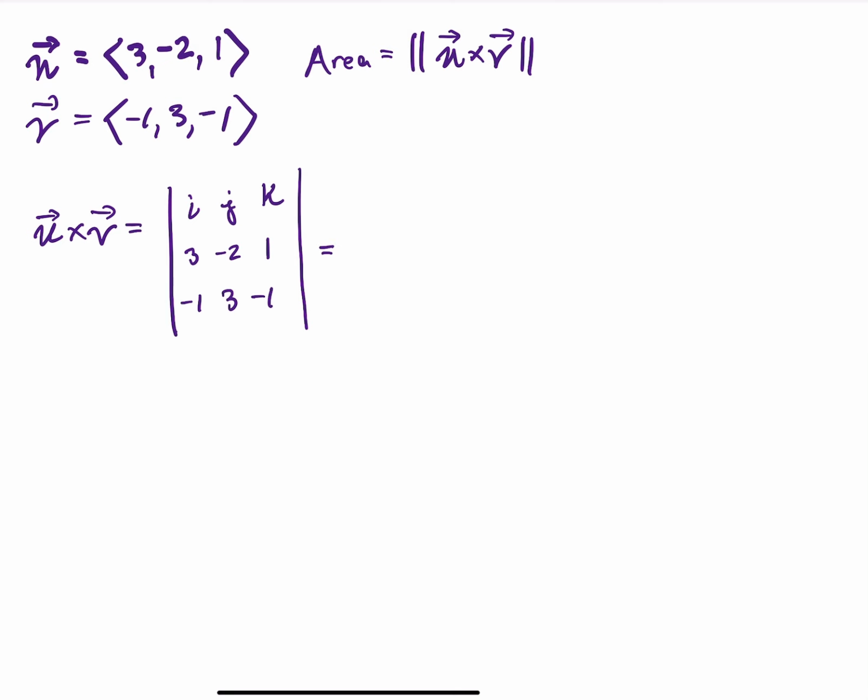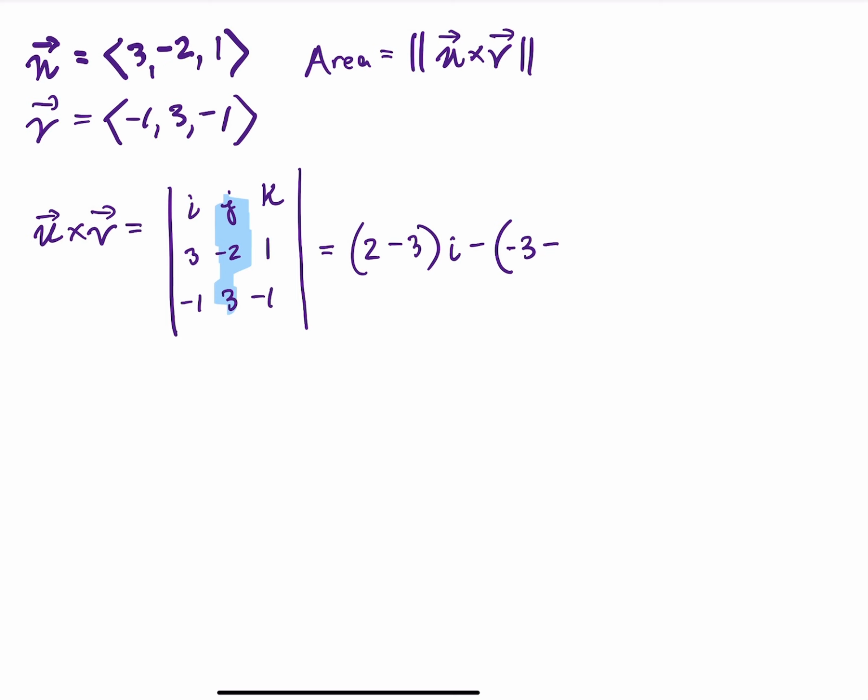So this should expand out. We cover up the first column. We will have negative 2 times negative 1, which will give us a positive 2, minus 3 times 1. So 2 minus 3, i, minus, covering up the second column and multiplying our diagonals, we should have 3 times negative 1, so negative 3, minus negative 1 times 1.